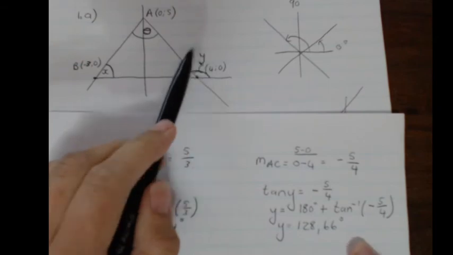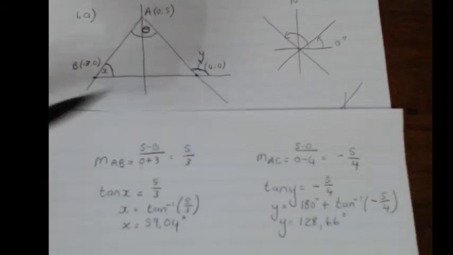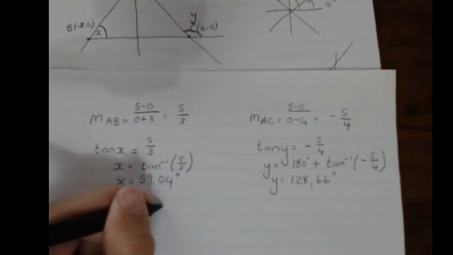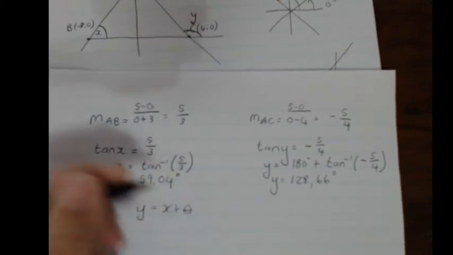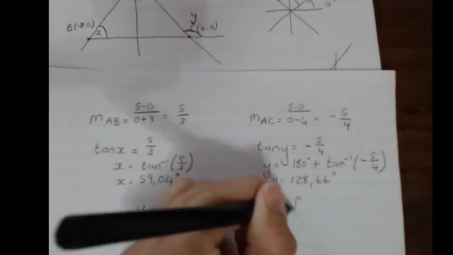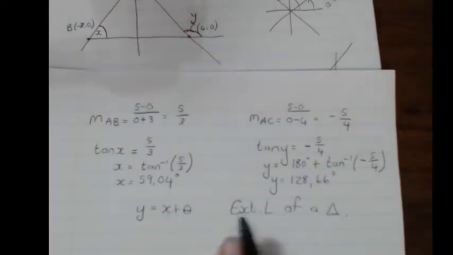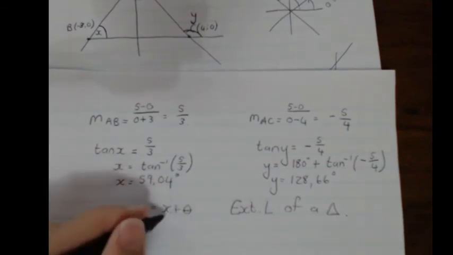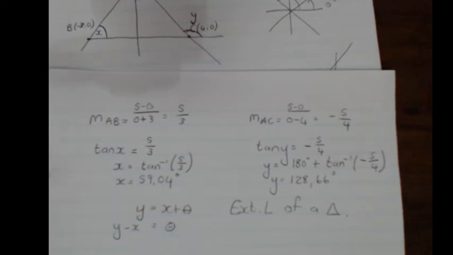Now the y is the exterior angle, and y is equal to x plus theta, because the exterior angle of a triangle is equal to the sum of the opposite two angles. So theta, if I jump the x over, is going to be y minus x.